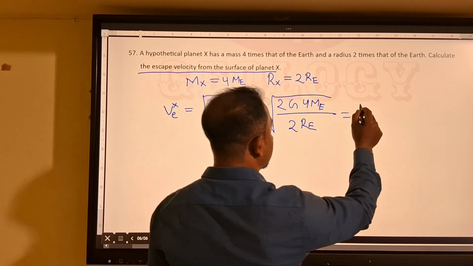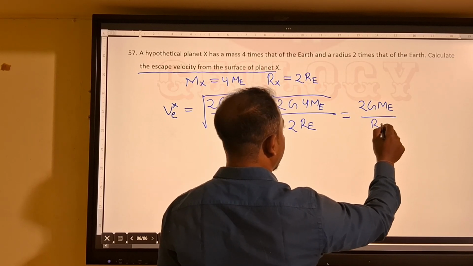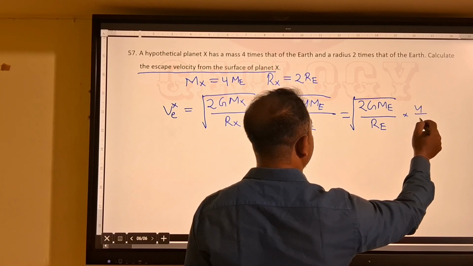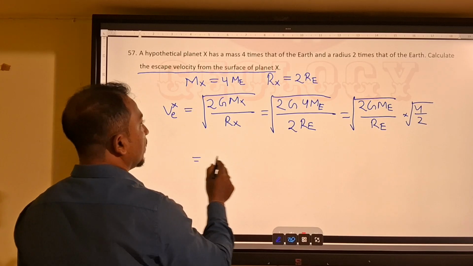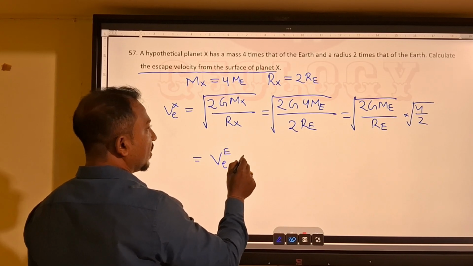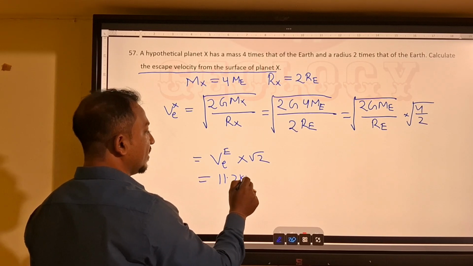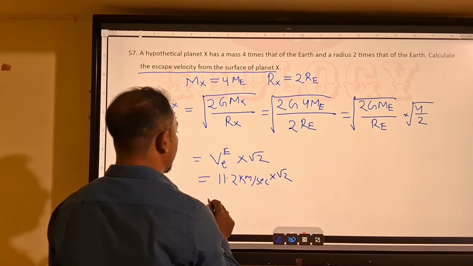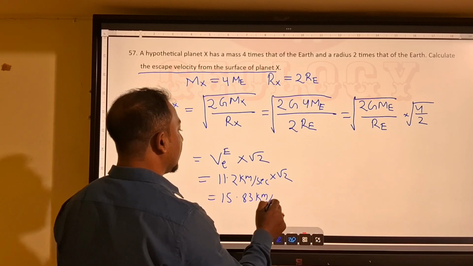So you can write it like this: root over 2 g me divided by re, into root over 4 by 2. Now this is the escape velocity of the Earth into root 2. So we know escape velocity of Earth is 11.2 km per second. So into root 2, we have already calculated, 15.83 km per second.